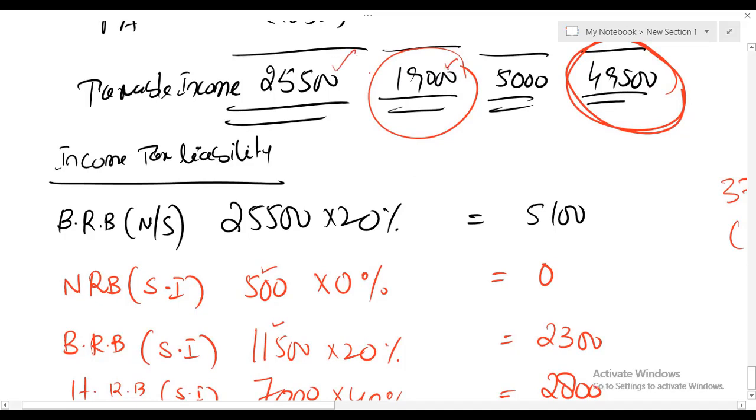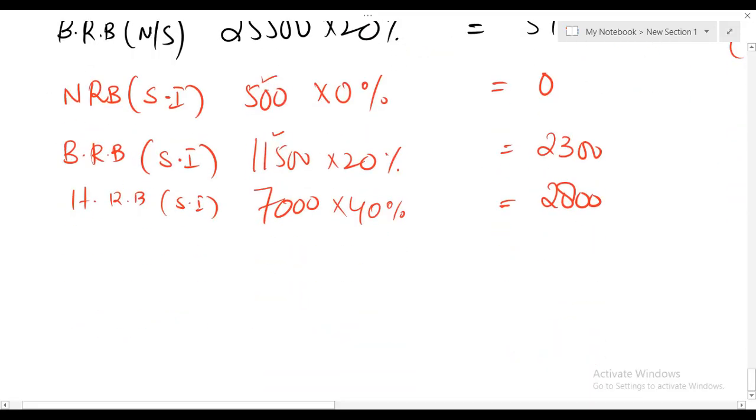Now obviously the last income is dividend income. When it comes to dividend income, every individual, irrespective of his or her tax paying status, gets nil rate band of 2,000. So there is a nil rate band for dividend income, 2,000.